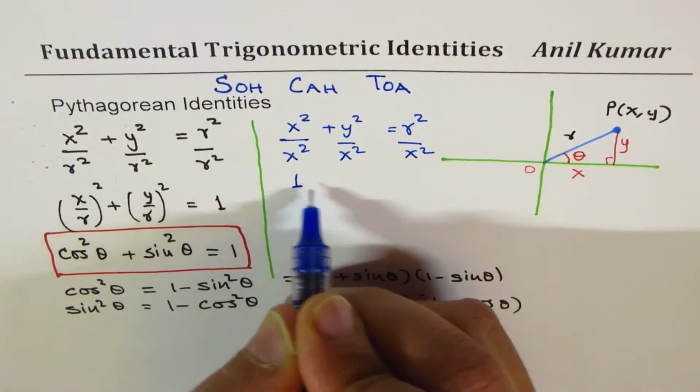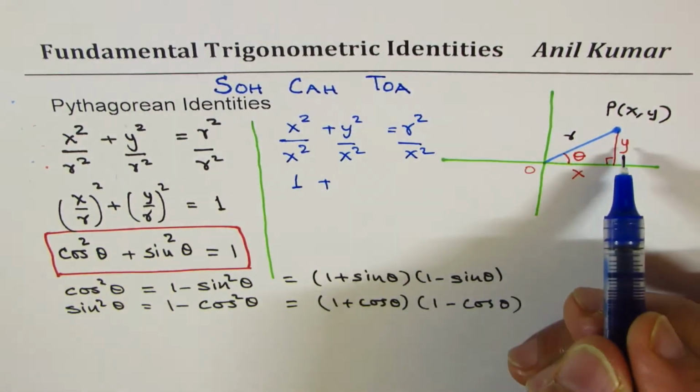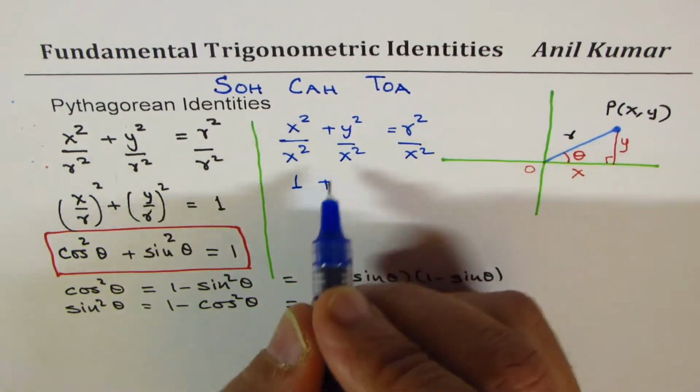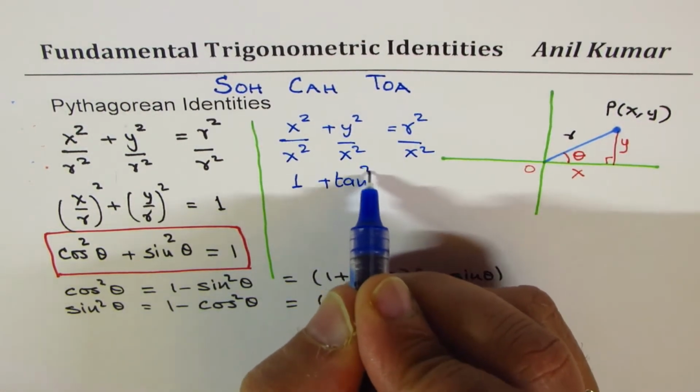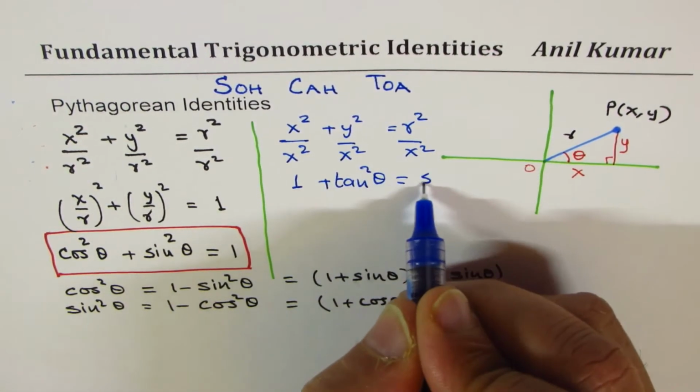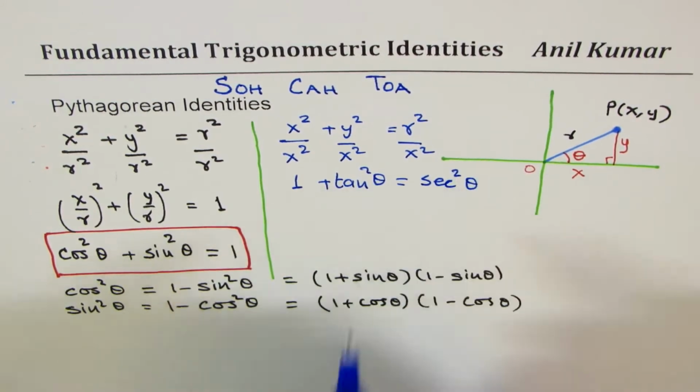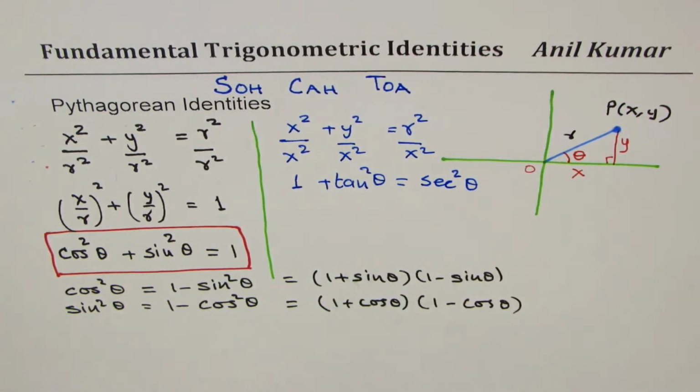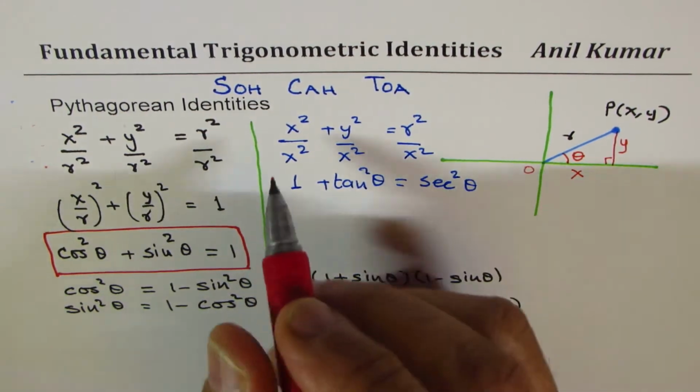X over x is 1. Y over x is tan, right? So you get 1 plus tan square theta equals to secant square theta. So that is the second Pythagorean identity which we can always use.